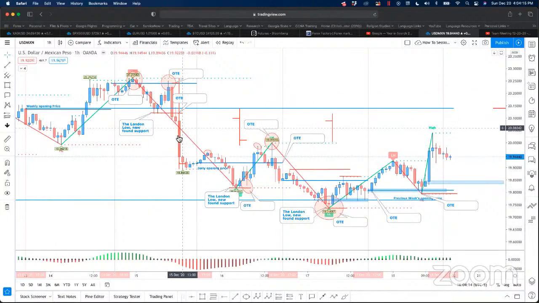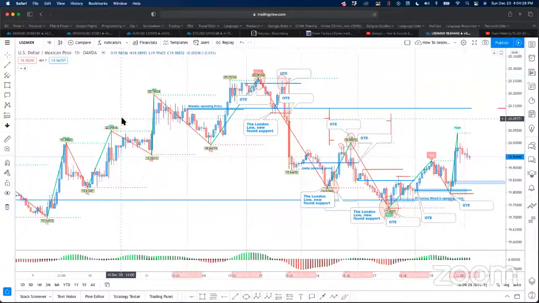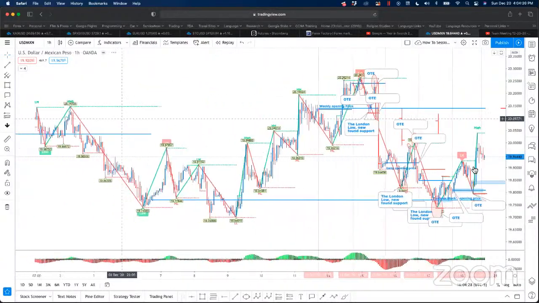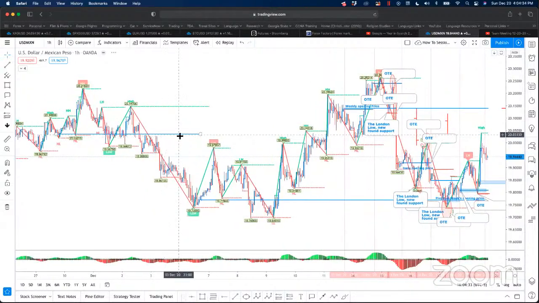Everything is fractal, right? The market is fractal, meaning that what you see on the higher time frame is happening on the lower time frame. So if you look at this week, and then go back and look at the month, it's doing something similar.